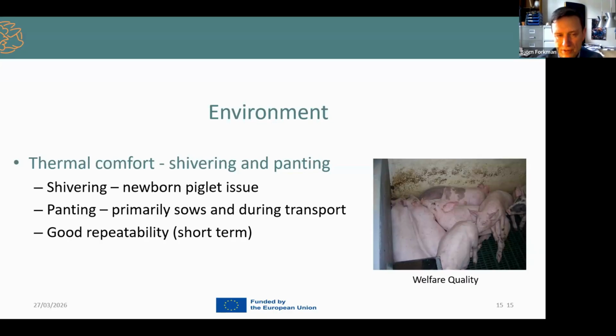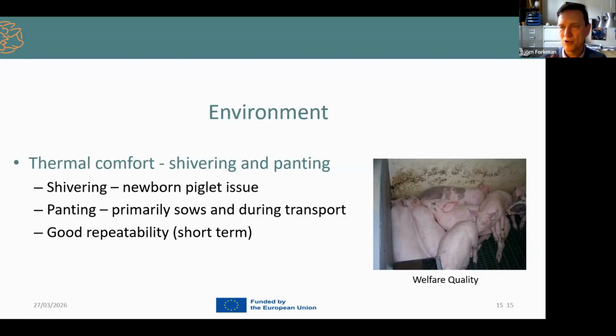Another issue with temperature is, of course, overheating. And this is primarily a problem for sows and to some extent pigs during transport. And the way to detect this is panting. It has a good repeatability if you are watching the pigs at the same time.